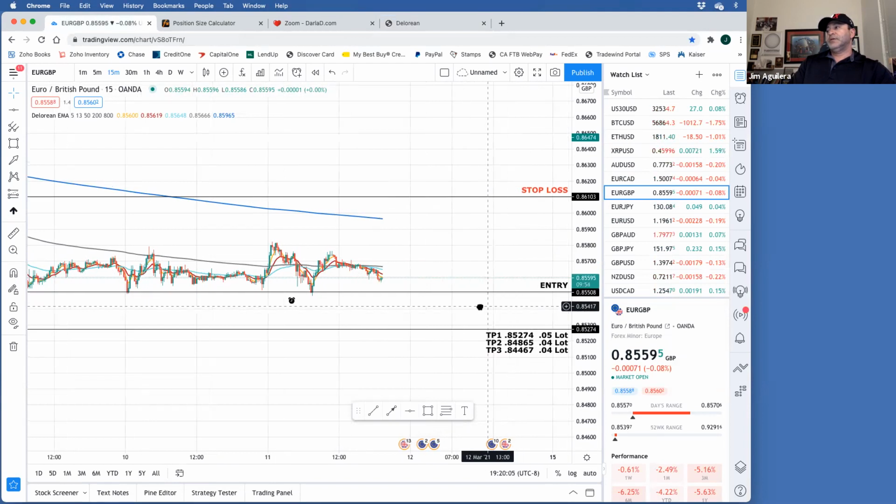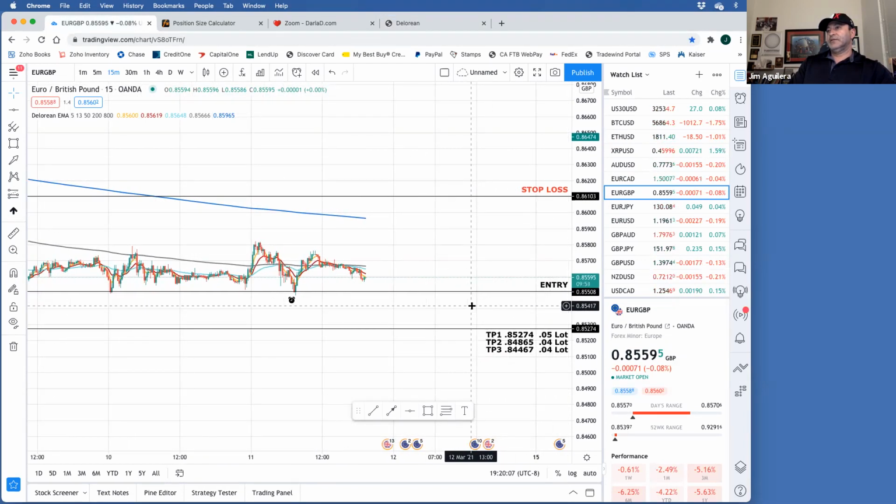So he said, you know, he's selling Euro GBP on the 15-minute chart. But he says the trade is not active yet. Right? We got to wait until a candle closes below this line. And when it does close, the trade then becomes active, and then we take it. We don't want to take it early.